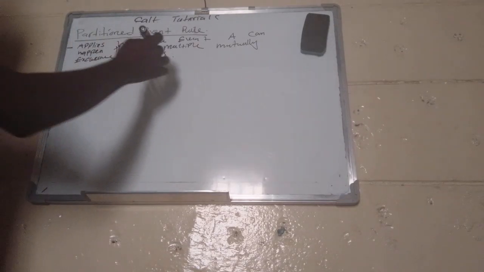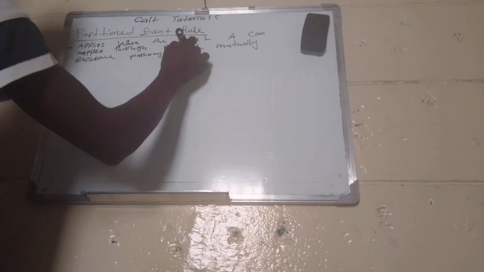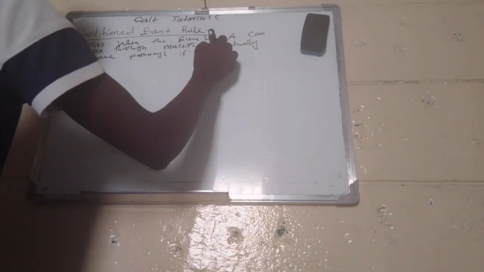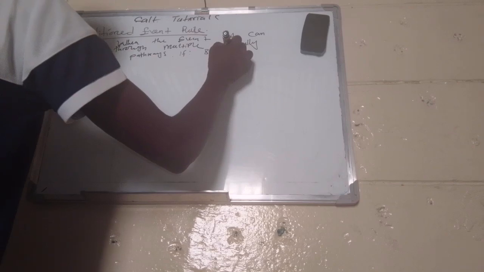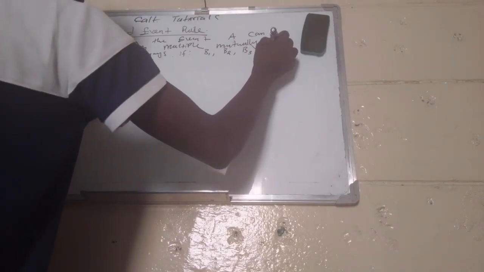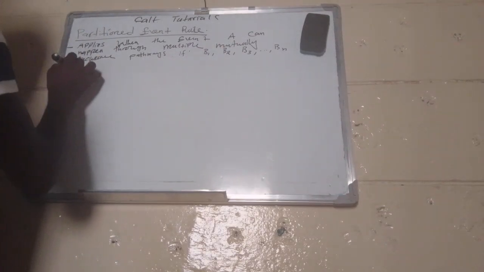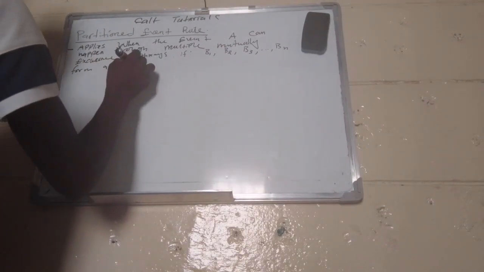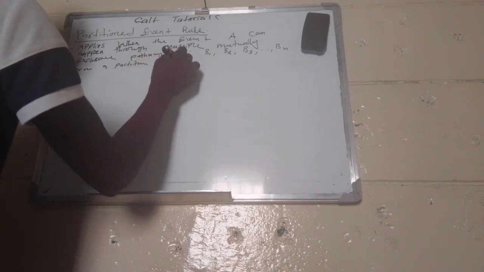What do I mean? For example, let's say B1, B2, B3 up to maybe Bn form a partition of the sample space.